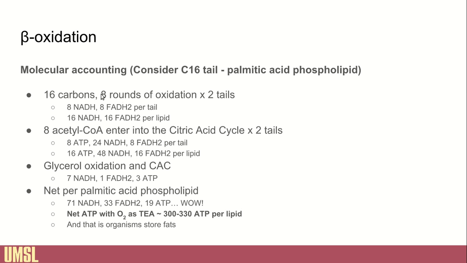And so for each one of these tails, there are 16 carbons, and what will happen are 8 rounds of beta oxidation. And as a result, we'll produce 8 NADH, 8 FADH2 per tail. And so there are 2 tails in a normal phospholipid. So that means that we're going to get 16 NADH and 16 FADH2 per lipid.